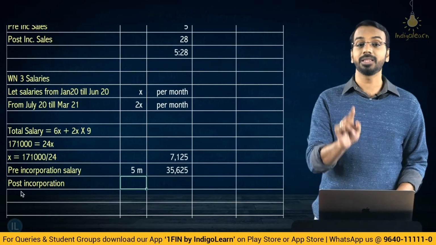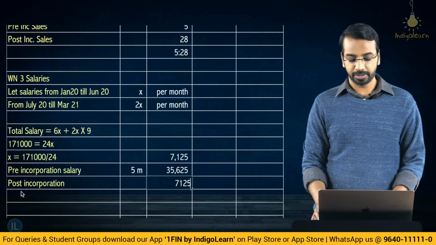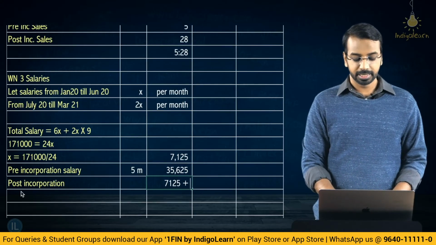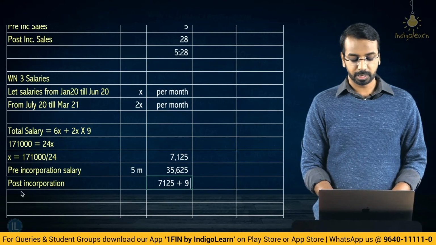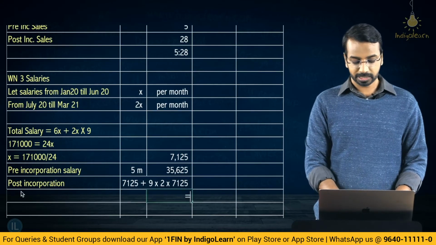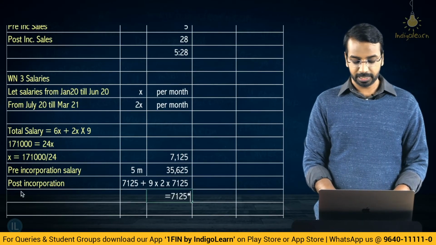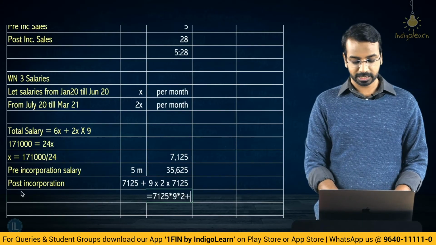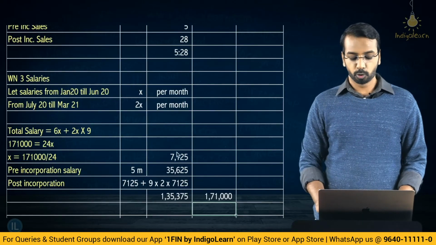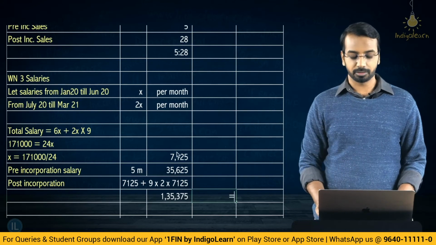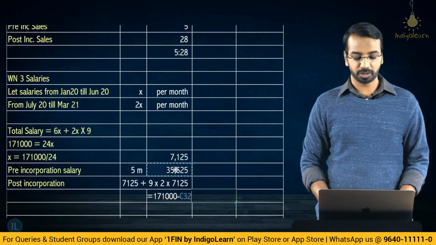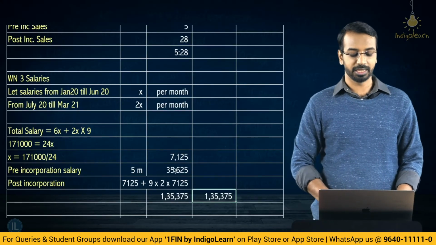It will be 1 month at 7125 plus from July onwards, for the remaining 9 months, 9 multiplied by 2 multiplied by 7125. If you do that, you get 135,375. Now if you don't want to do this calculation, 171,000 minus 35,625, you get 135,375. Either way it is fine.